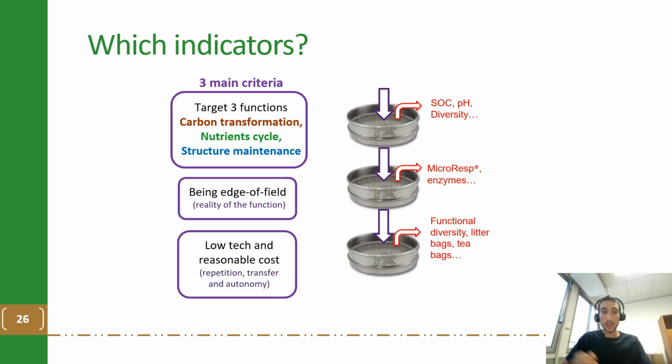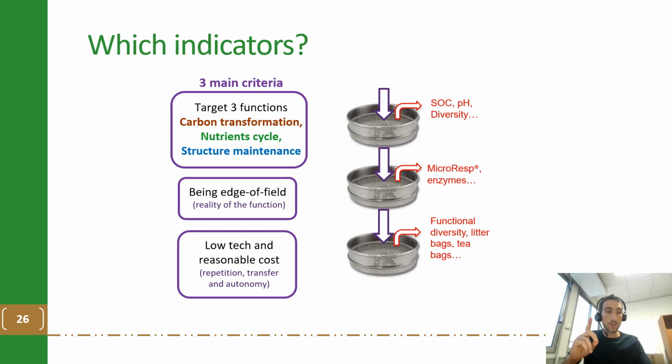The third criterion was that we want these indicators to be low-tech and low-cost. There are two reasons for this. Firstly, a reasonable cost means that repetitions can be made. From a statistical point of view, this is very important for the reliability of the result. An indicator at 300 euros will only be produced from a composite sample, 1 or 2 per plot maximum.